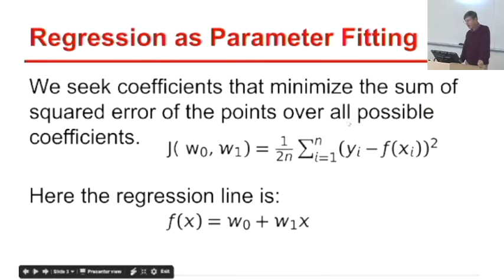The error of linear regression is given by this: we sum up over all n points the square of the difference between the true y value of the ith point and our calculated or predicted value of it, which is given by the regression line.